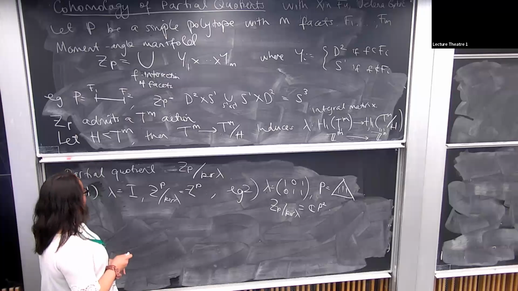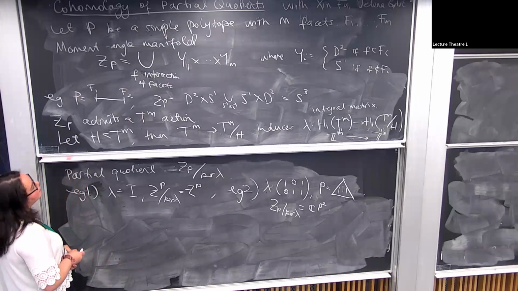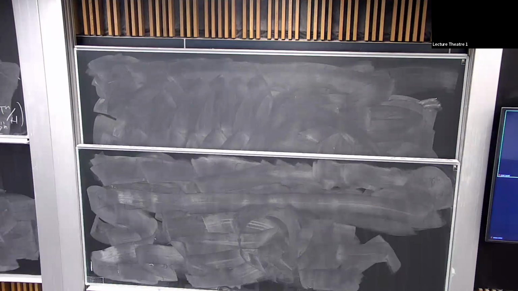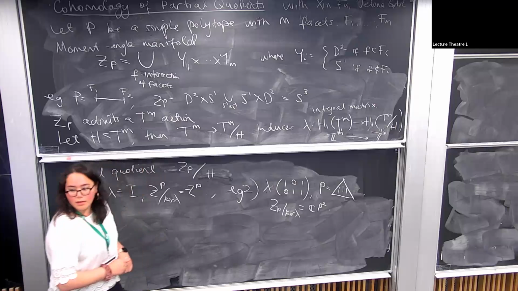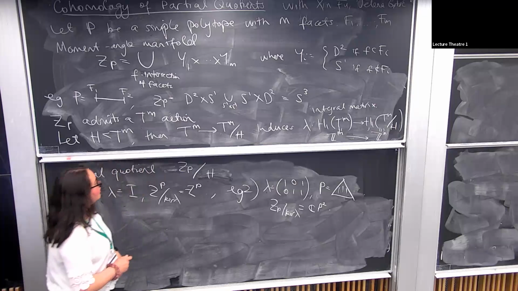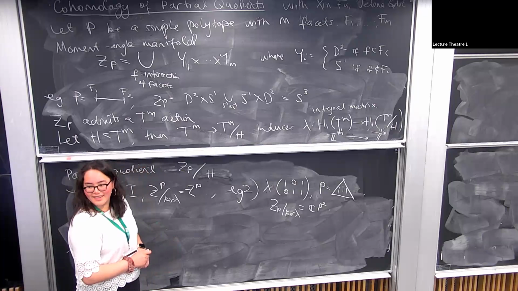Excuse me, I'm slightly confused. We're looking at an action of T^m on Z_P, but lambda lives inside the H_1 of T^m? What does it mean to mod out Z_P by the kernel of lambda? The subtorus corresponds to the kernel. H is a subgroup of T^m, and H equals the kernel of the exponential map, which is the quotient map.